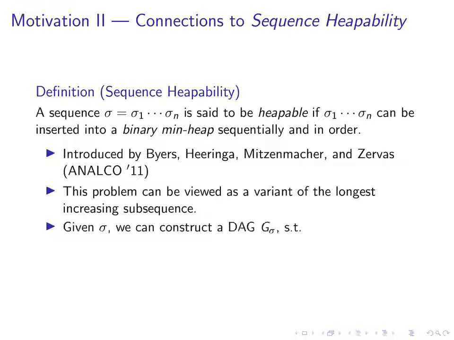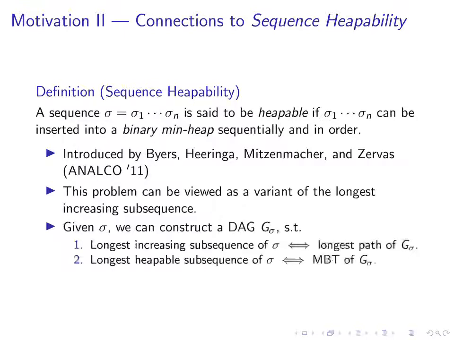We come up with an observation that given a sequence, we construct a corresponding DAG so that there is a one-to-one correspondence between an increasing subsequence and the longest path in the graph. Similarly, we also obtain the observation that a heapable subsequence has a one-to-one correspondence to a binary tree in the graph.